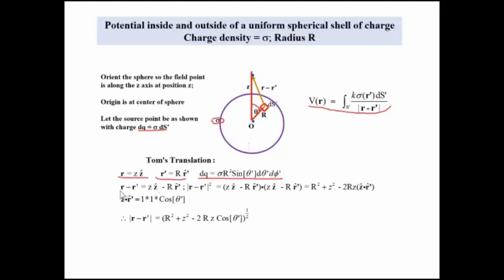Here's our r minus r prime. It'll be the z vector, z hat, minus r prime hat times r. This is r, and then this is r prime right here. If we take the magnitude of this, we first form the square. We take r minus r prime, which is right here, we dot it into itself, and that will be the length of the vector squared.